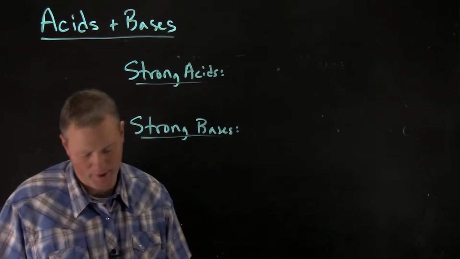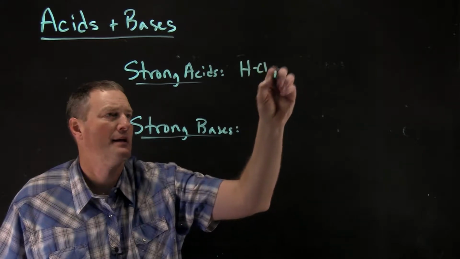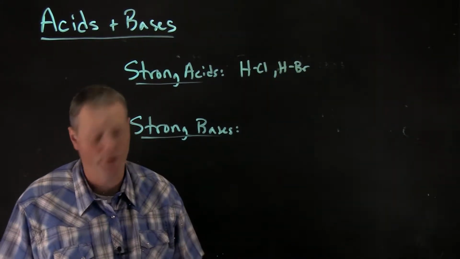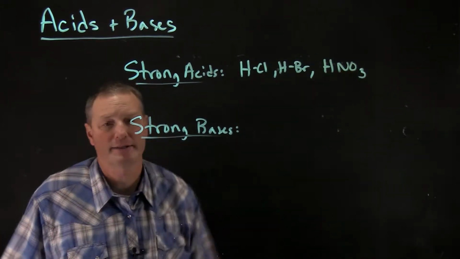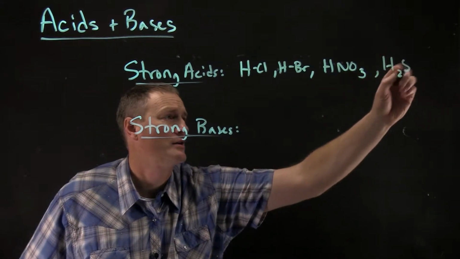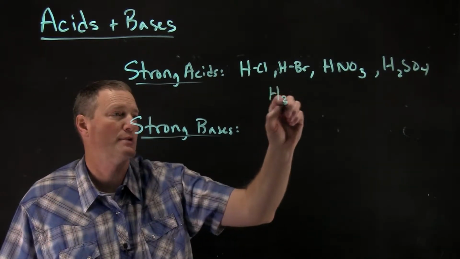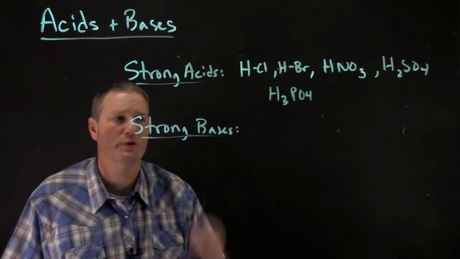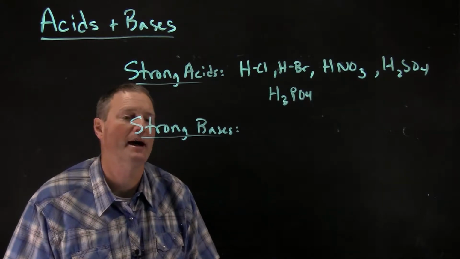Strong acids are things like HCl, HBr, so hydrochloric acid, hydrobromic acid, HNO3, that's called nitric acid, H2SO4, or sulfuric acid. Another one would be H3PO4, or phosphoric acid. Those are things that basically can create a lot of the H+ or hydronium ions.